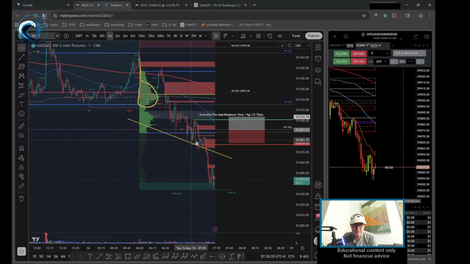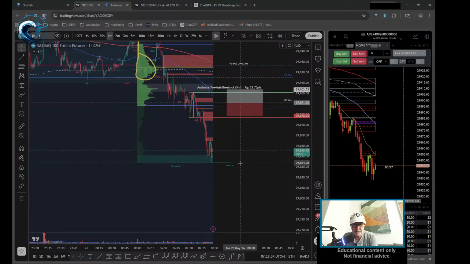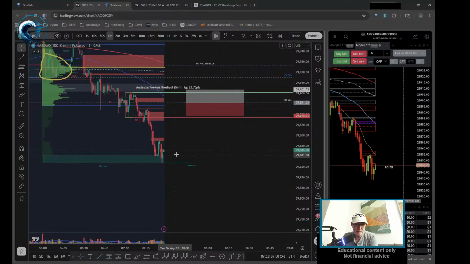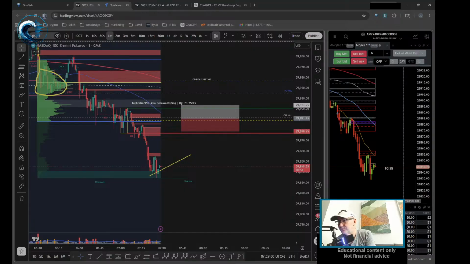So, and that's looking bearish, like it might even be a bear flag setting up here. Okay, fair enough. Right, let me just get back into it.